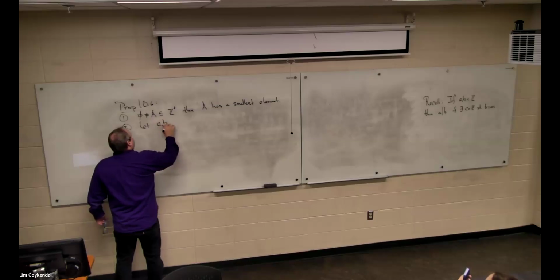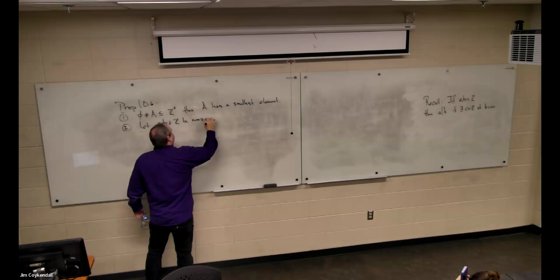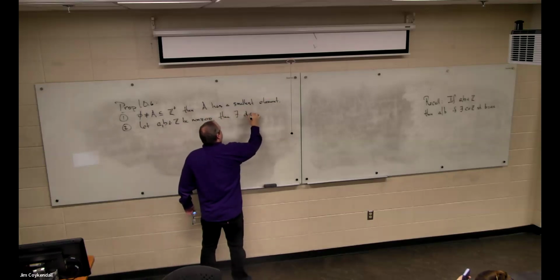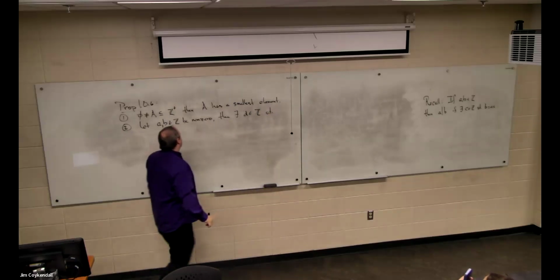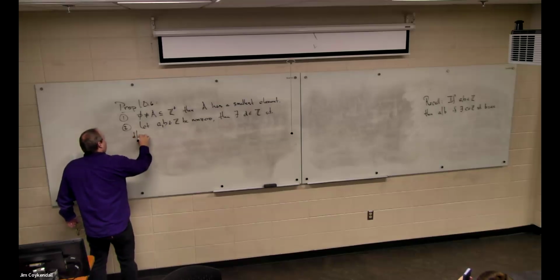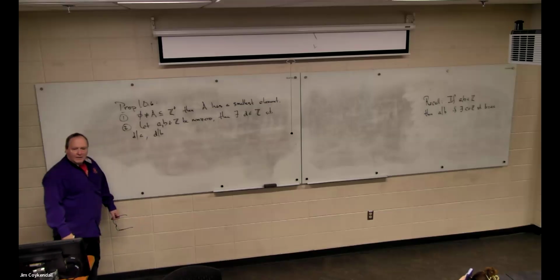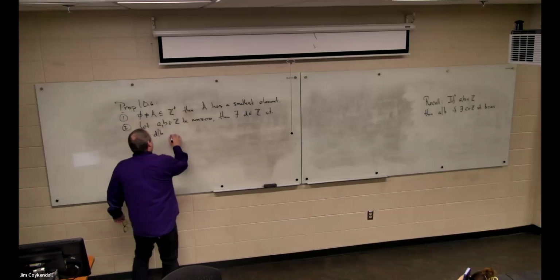Let A, B be non-zero. Then there exists a D in Z such that D divides A and D divides B, so I can find something that divides both of these.